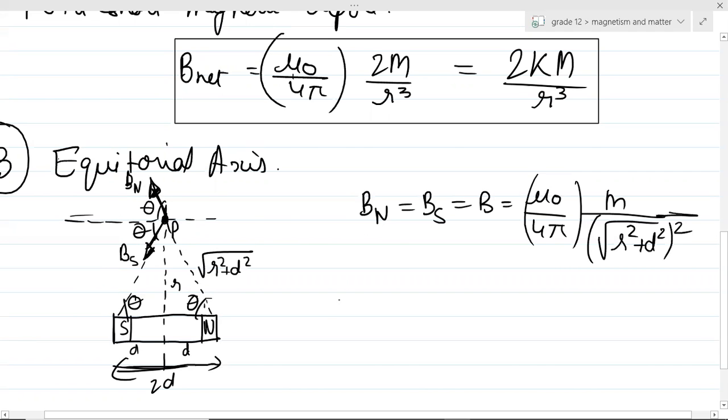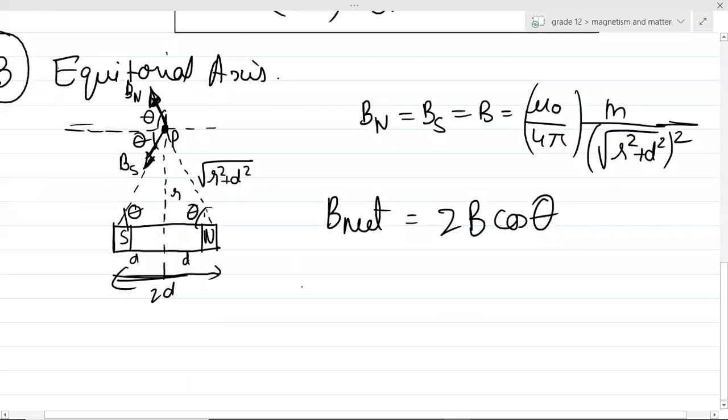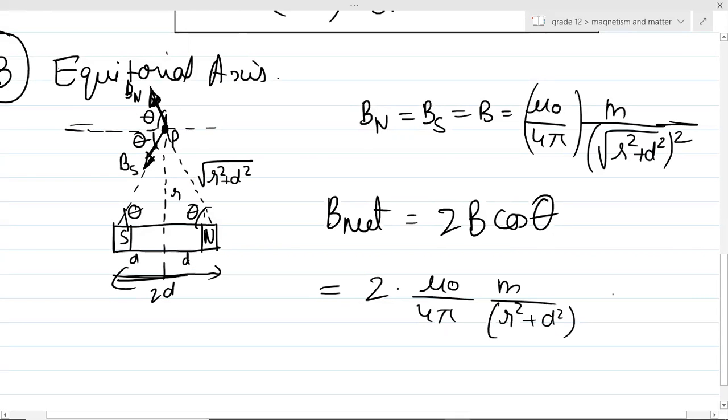So what will be the overall magnetic field? Can you see one component will get cancelled out, and only this will remain, right? So this will be twice of mu naught by 4 pi into m by r square plus d square into cos theta. What is cos theta?